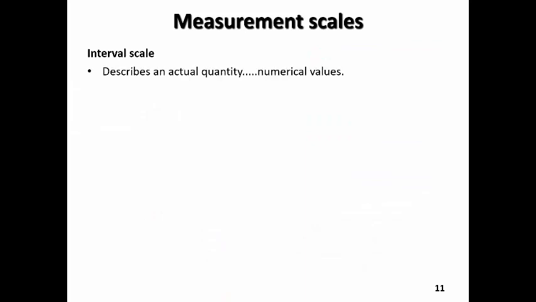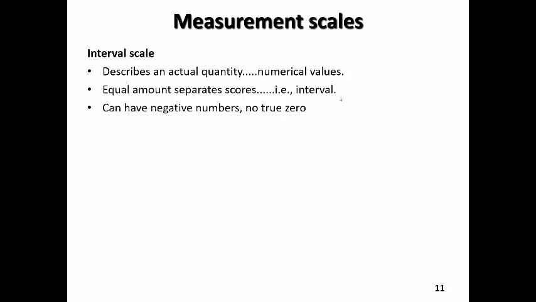Now, the interval scale is where we start to apply numerical values and we start to count the amount of whatever it is we're trying to measure. The interval scale is called interval because there's an equal separation between the scores, hence interval.